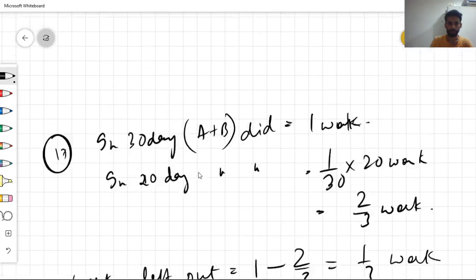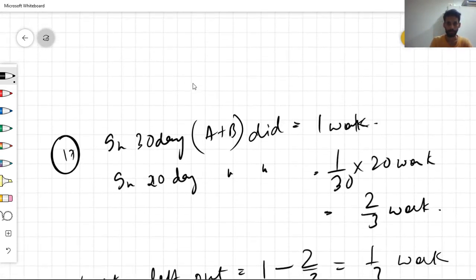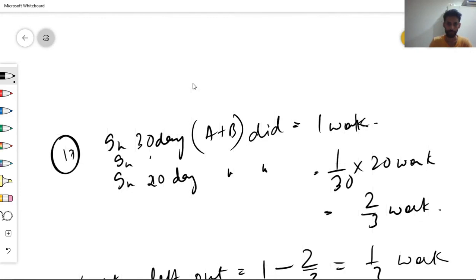And we already know one thing here. If we find it out, in 1 day A plus B did is how much? 1 by 30 work.